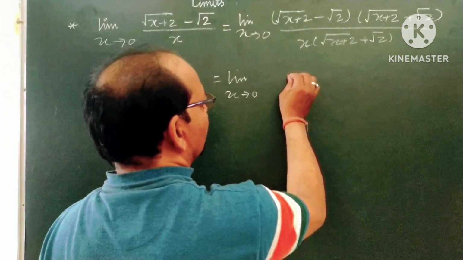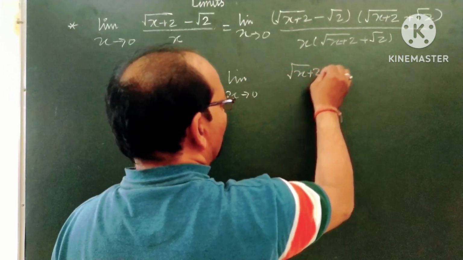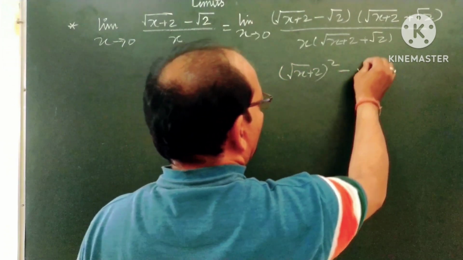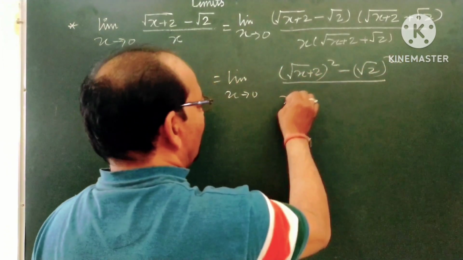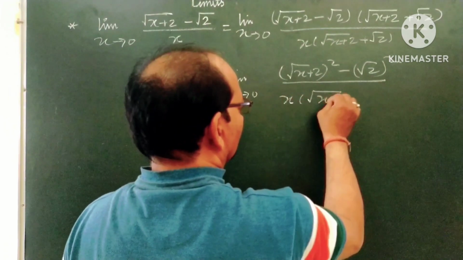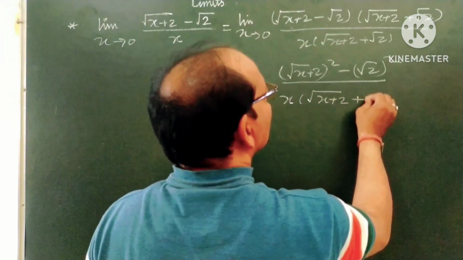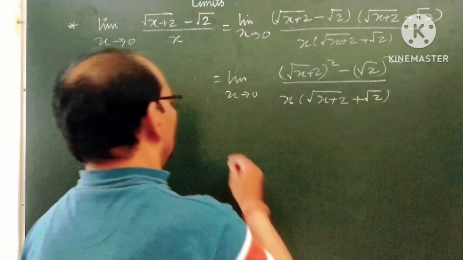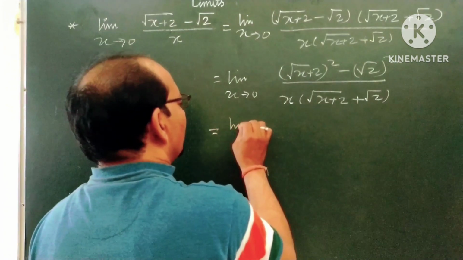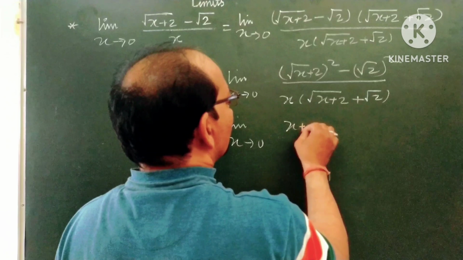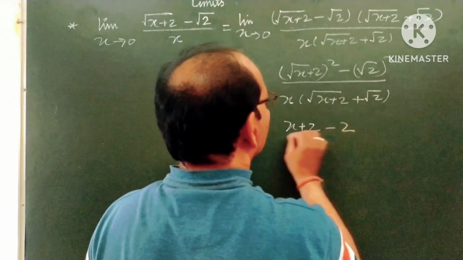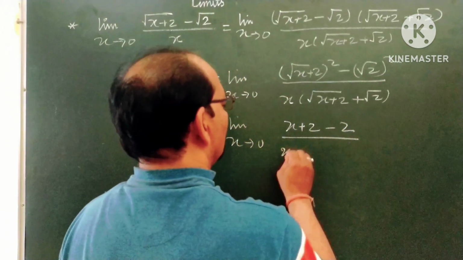Therefore we write it as root of x plus 2 squared minus root 2 squared, and there will be x tends to 0, x plus 2 and minus 2.